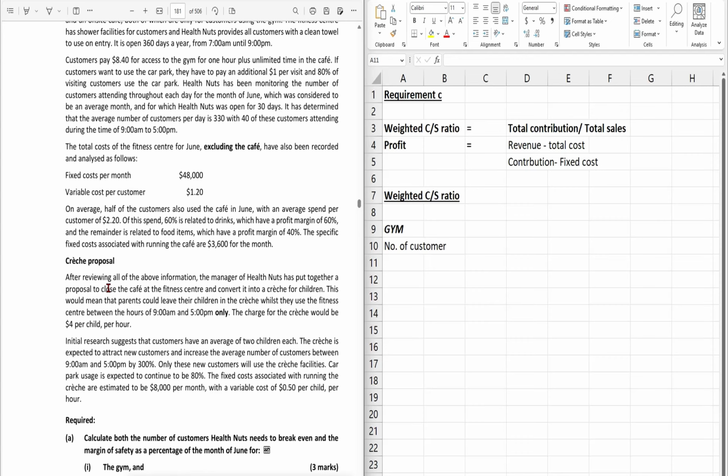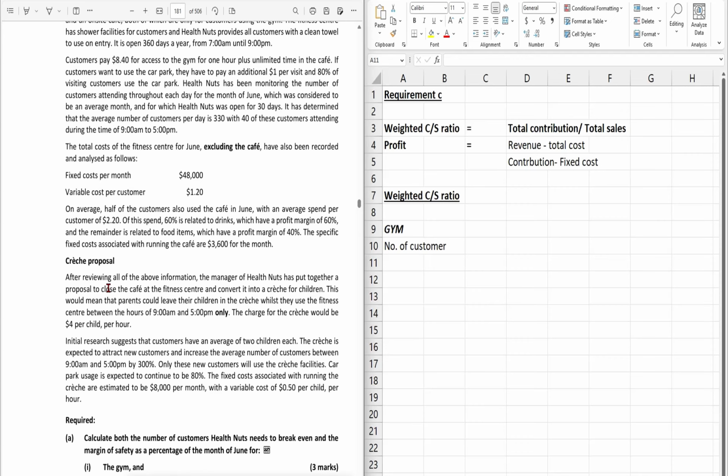This would mean that parents could leave their children in the crèche while they use the fitness center between the hours 9 a.m. to 5 p.m. only. The charges for the crèche would be $4 per child per hour. Initial research suggests that customers have an average of 2 children each, and the crèche is expected to attract new customers and increase the average number of customers between 9 a.m. and 5 p.m. by 300%.